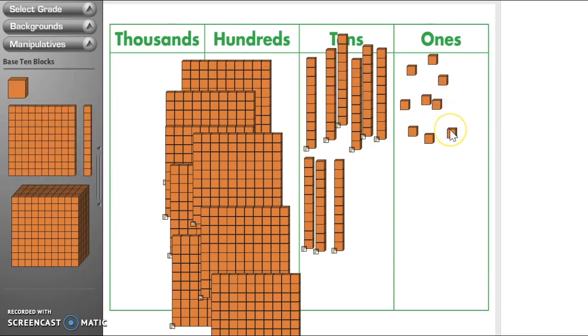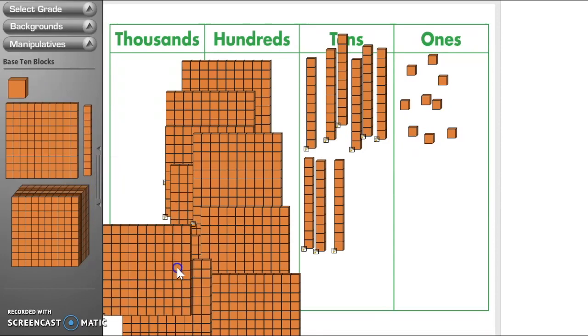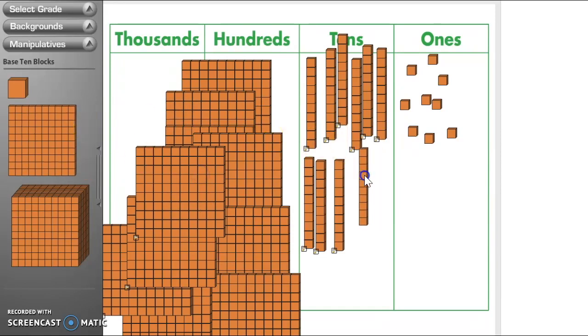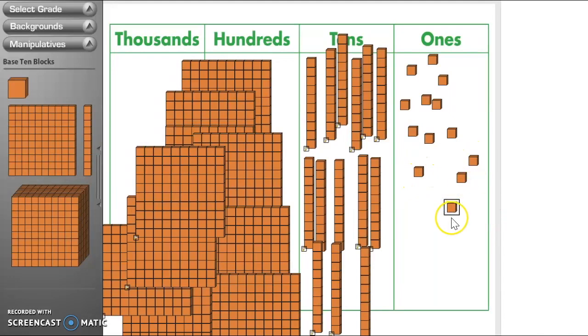And we need 454 almonds. 1, 2, 3, 4 hundreds, 5 tens, and 4 ones. 1, 2, 3, 4. Okay.